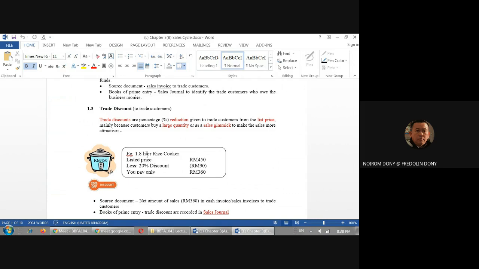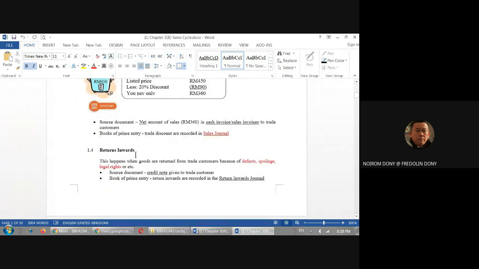If it was given trade discount, you have to consider the trade discount as well. It will not be stated in the sentence, but you are expected to look back at your sales journal and see whether that particular trade receivable was given trade discount.